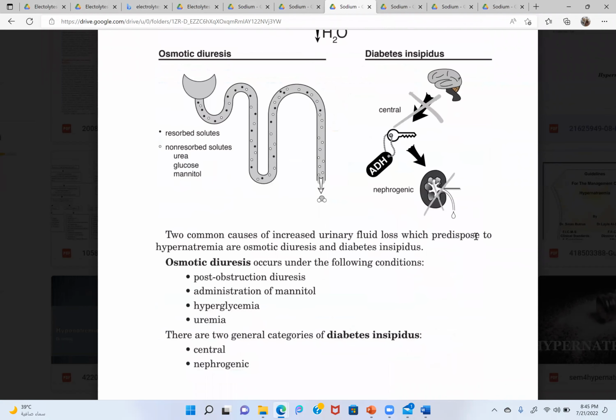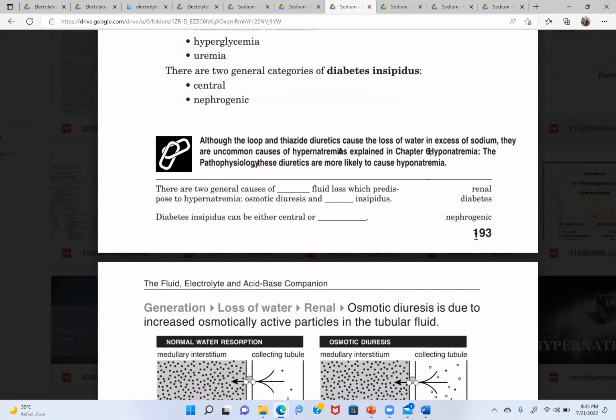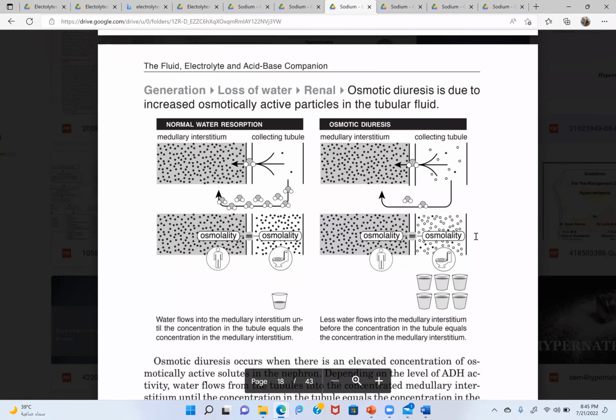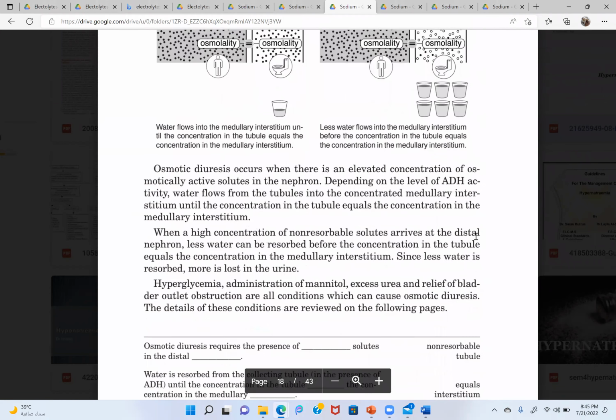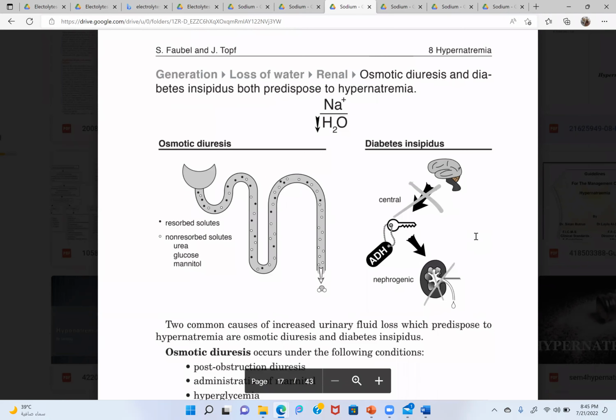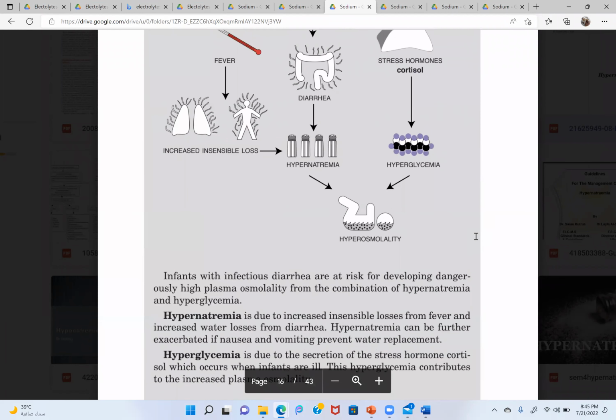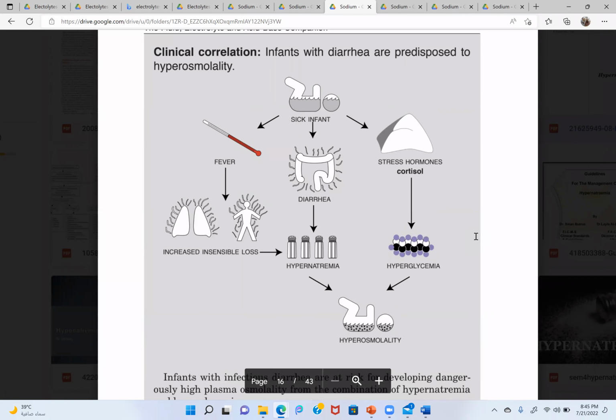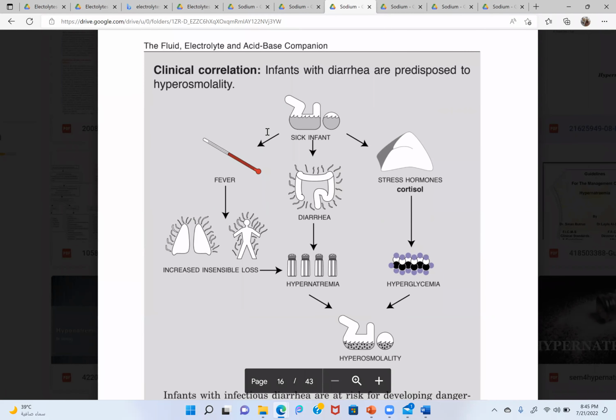Any other comments? I'm just scrolling through it. You have shown us one example, please explain its mechanism. This is the same case: diarrhea, sick infant, fever, increased insensible loss resulting in hypernatremia, and the stress response is causing hyperglycemia.